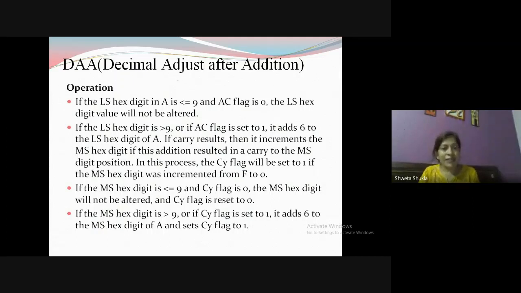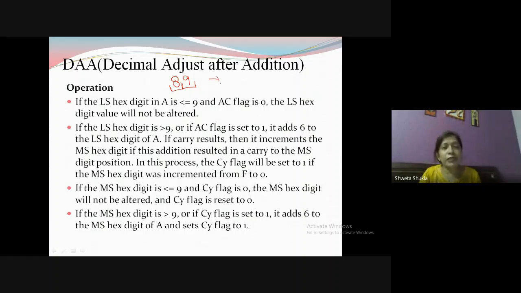In case of hexadecimal or BCD, I'm telling you, if the value is 2-digit, let us suppose the answer is 89. So first of all, you check the least significant digit and the most significant digit both. If they are less than or equal to 9, then you don't have to do anything.